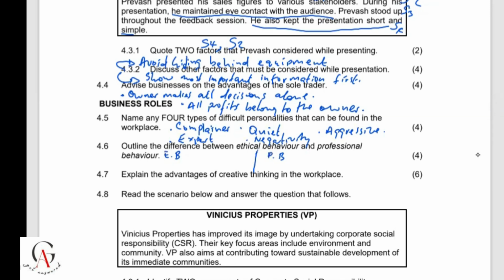But professional behavior, what is right or wrong or acceptable in a business?